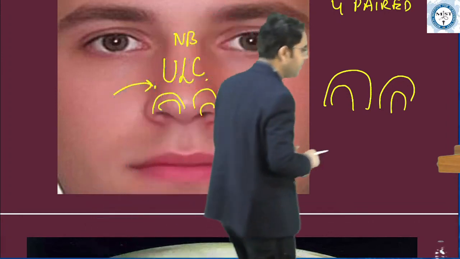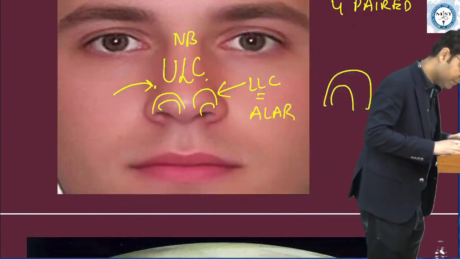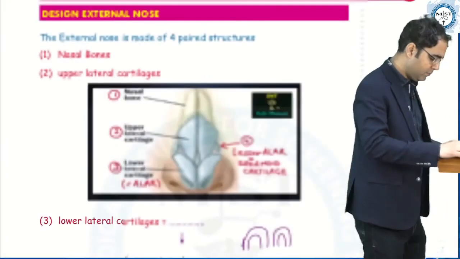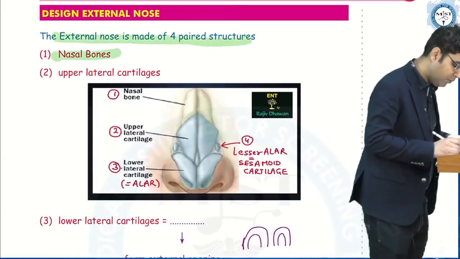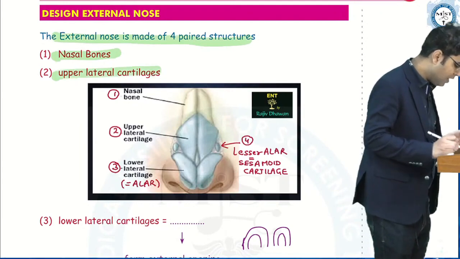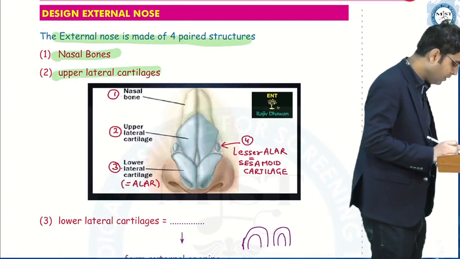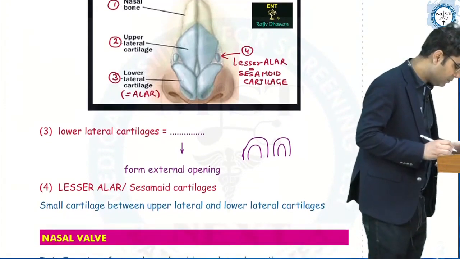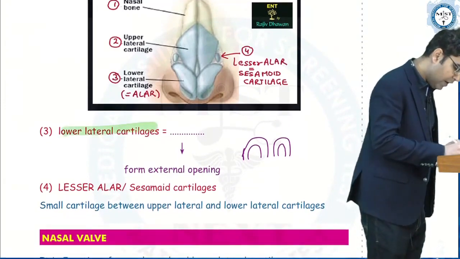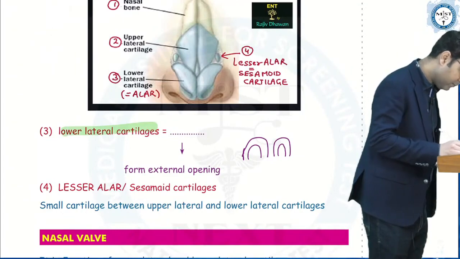Okay. Now let's come back to the PDF, your workbook, beta. External nose is made of 4 paired structures. Number 1, nasal bones. Number 2, upper lateral cartilages. Number 3, lower lateral cartilages, also called alar cartilages, ALAR.